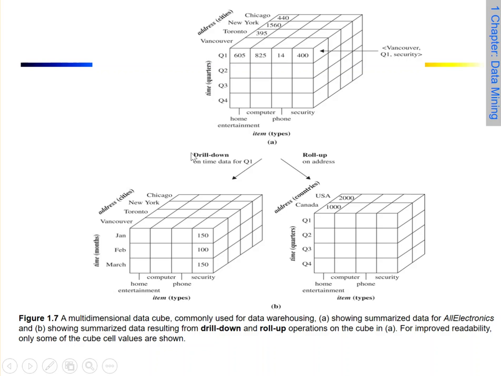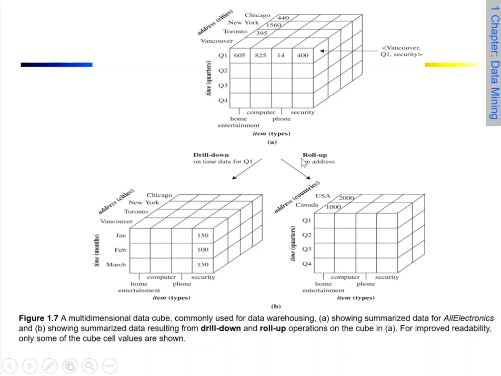So in this example, we drill down on time for quarter one. So quarter one is expanded to January, February, March. So now we can look into the sales data of every month along the item types and addresses dimensions. You can see 400 here is broken down to 150, 100, and 150. So you get more detailed information.